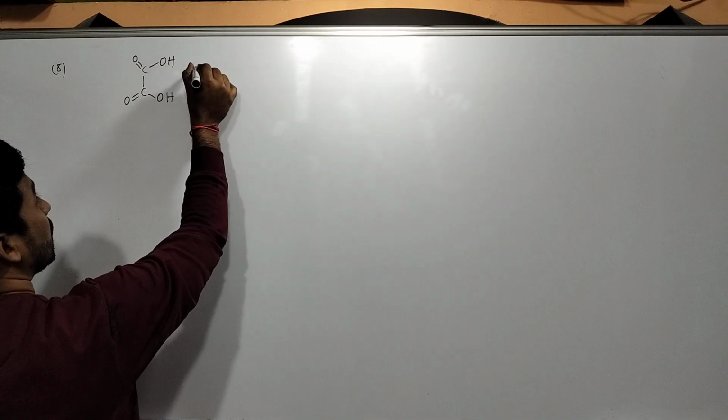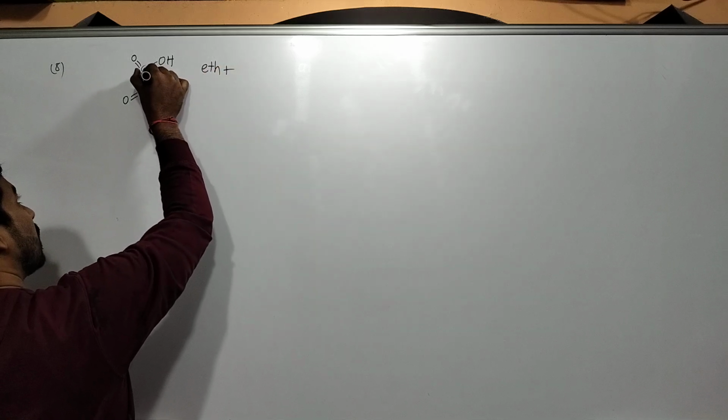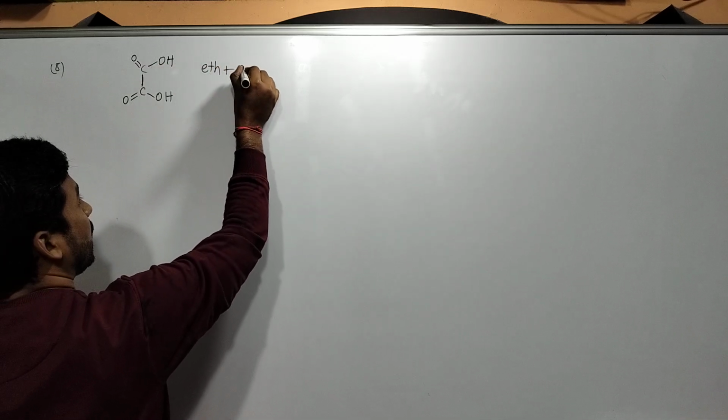Two COOH groups are present. How many carbon atoms? 2 carbon atoms. So the root word is eth. Between those 2 carbon atoms, single bond. So ane.